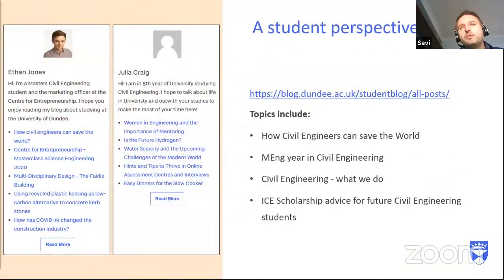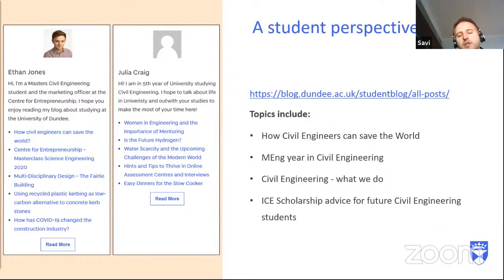So, well, I'm showing you some of the students' activity. It's quite interesting that there is a blog. You can check it. These are a couple of students that I think just finished. They were in the 5th year last year. They're now working. And basically they were very active on the blog.